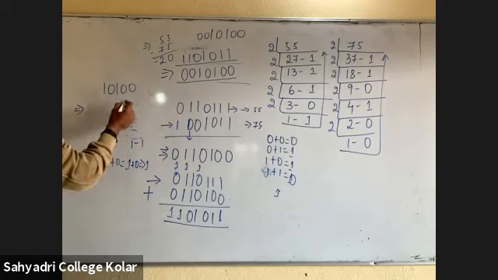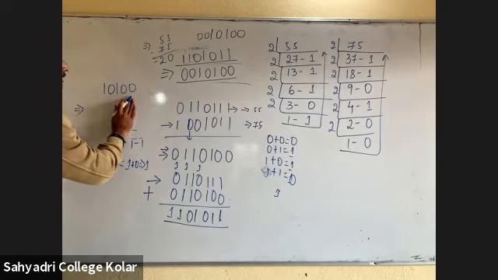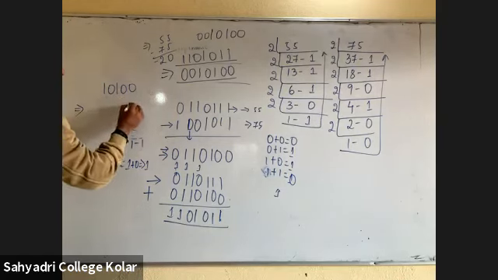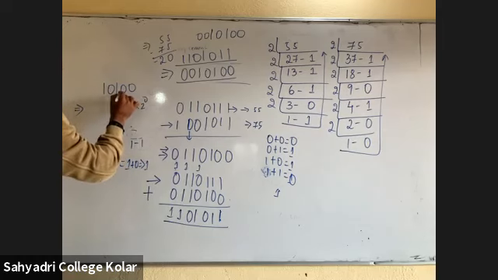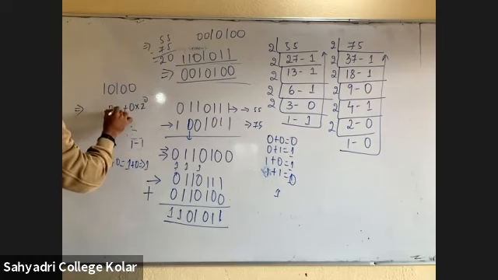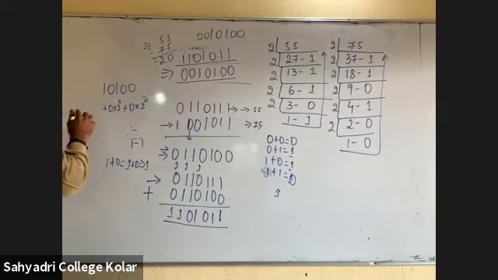So for this, I need to convert this particular binary number into decimal form. So 0 into 2 to the power of 0 plus 0 into 2 to the power of 1 plus 1 into 2 to the power of 2 plus 0 into 2 to the power of 3 plus 1 into 2 to the power of 4.